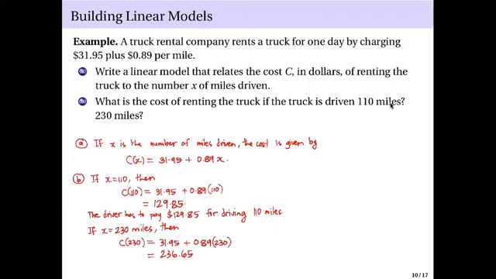So please check my calculation. So this means the driver or the renter has to pay $236.65 for driving 230 miles. Okay? Questions?